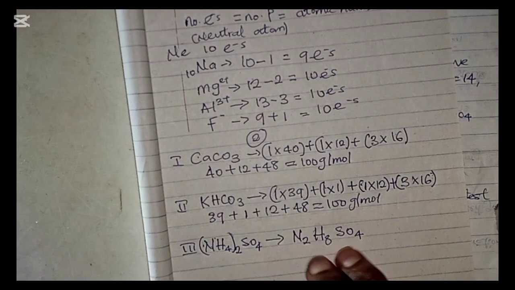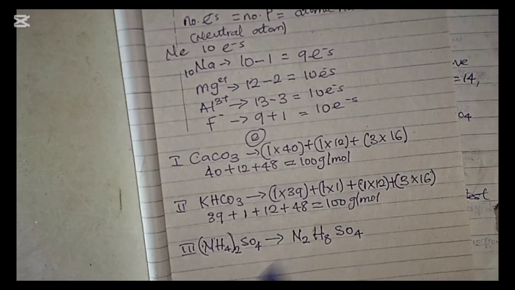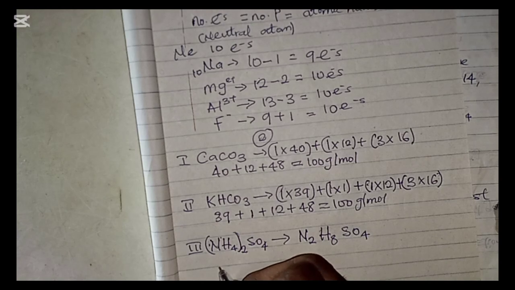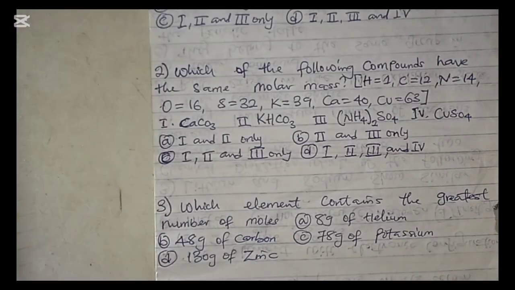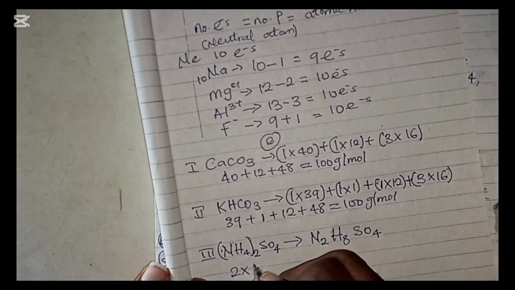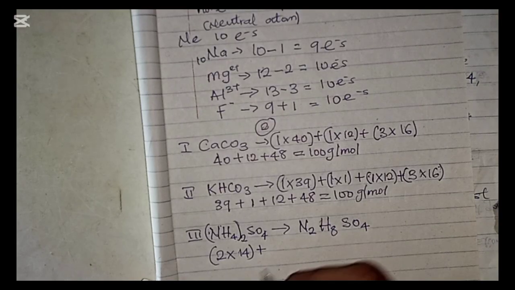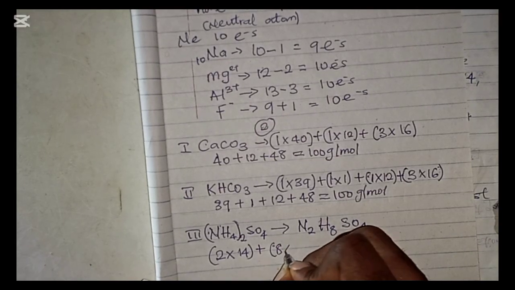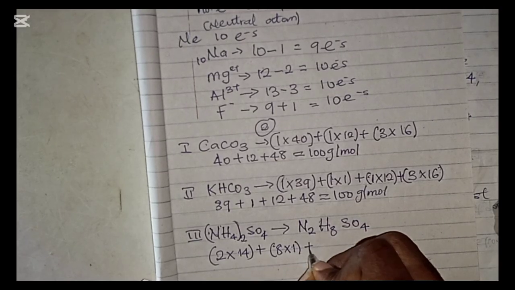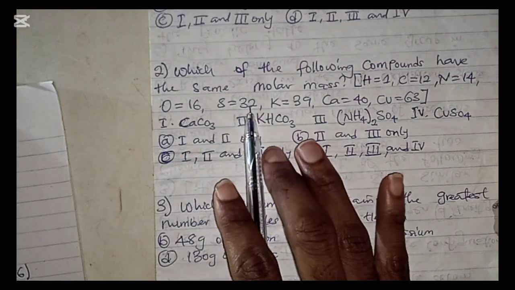So let us now find the molar mass of this. I wrote it this way for us to understand it better. So let's do it this way. Nitrogen, we have 2 atoms of nitrogen here. So we have 2 times the relative atomic mass of nitrogen, which is 14. You can see there 14. Plus, how many atoms of hydrogen? 8 times the relative atomic mass of hydrogen, we looked at it, 1, plus for sulfur we have 1 atom times the relative atomic mass, which is 32.